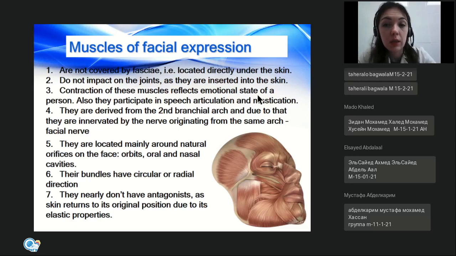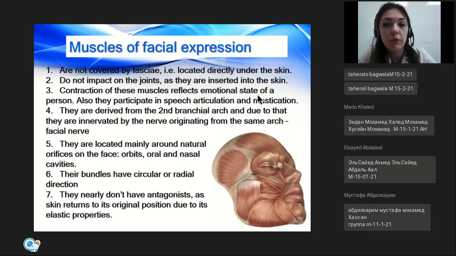They are masticatory muscles. Muscles of facial expression, which are located in the face, do not act on the joints. Contraction of these muscles reflects the emotional state of a person. They also participate in speech articulation and mastication. Yes, they participate in these processes, but mainly such processes are performed by masticatory muscles.